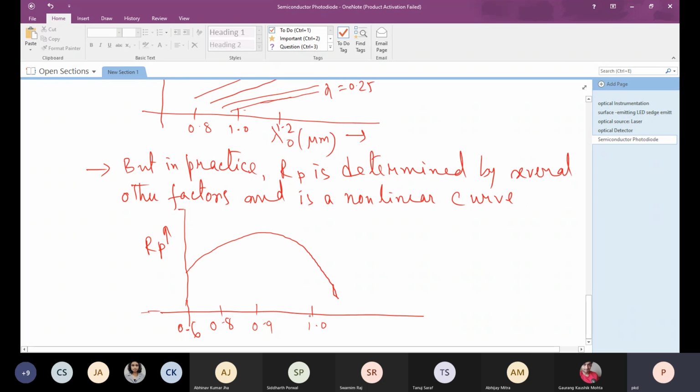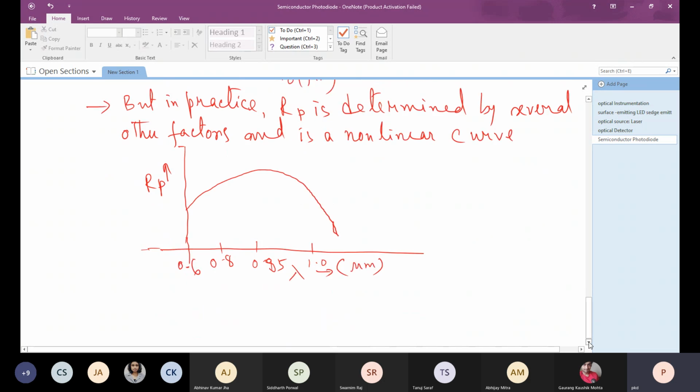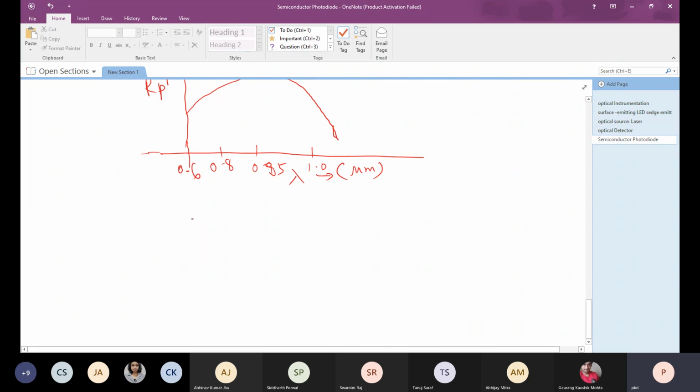And then above 1.0, it drops drastically, somewhere between 0.83 or 0.85 is the maximum. My drawing is not very proper. So this kind of practical responsivity figures are provided by the manufacturers.